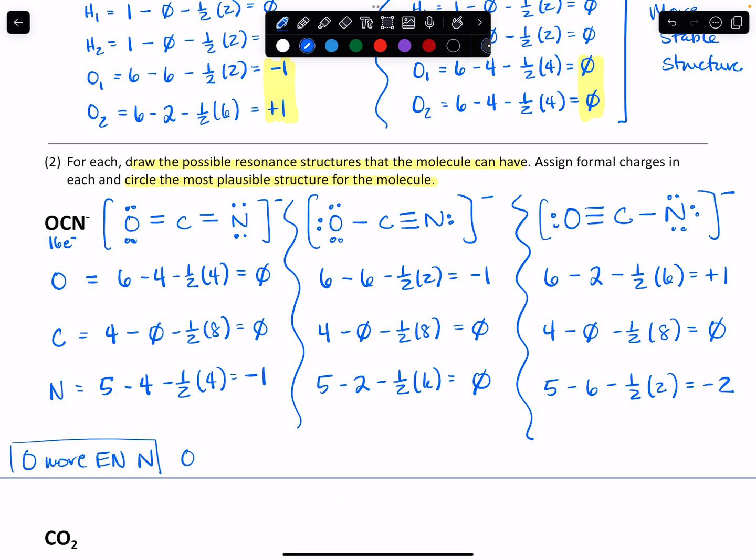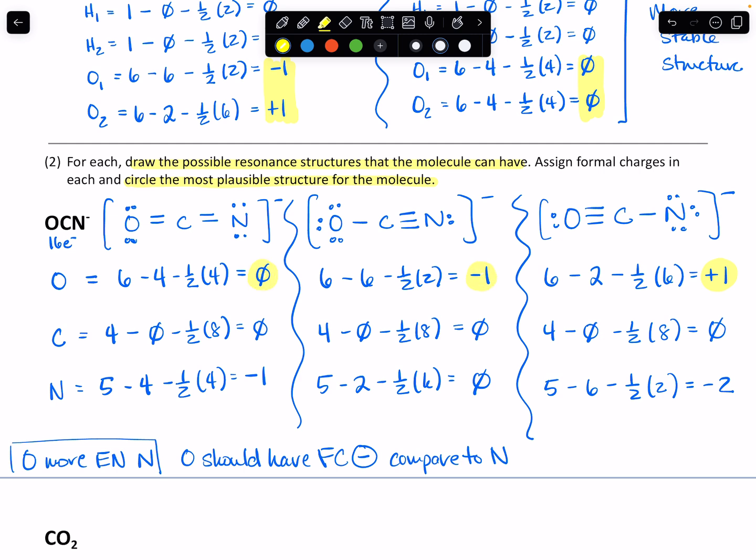With that in mind, oxygen should have a formal charge that is negative compared to nitrogen. So if I look, here's oxygen. It's positive, and here it's negative, and here it is 0.